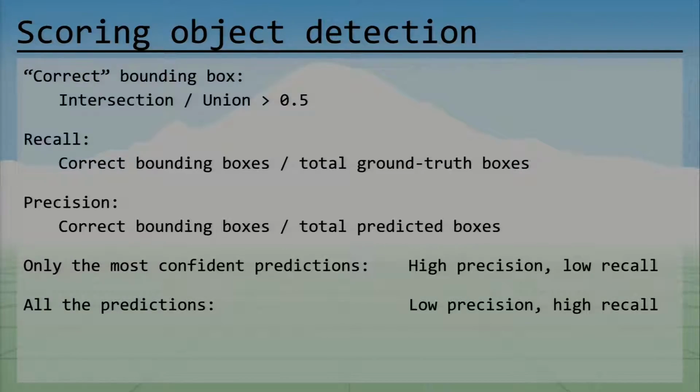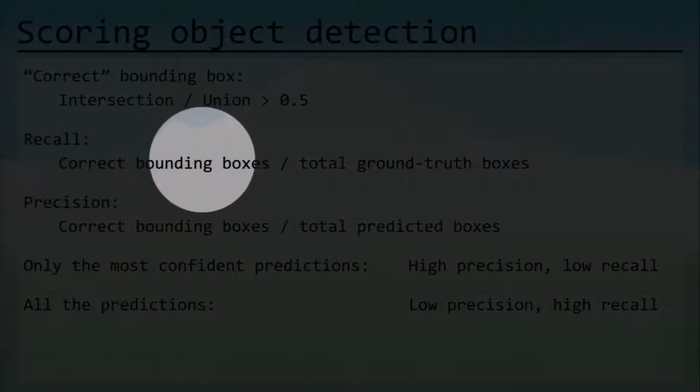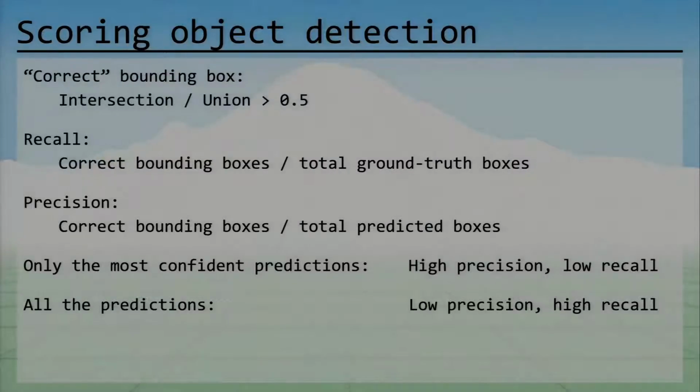It's how many bounding boxes did you classify correctly, based on how many total ground truth bounding boxes there are of that class. So say you correctly predicted 5 bounding boxes. So you predicted 5 bounding boxes that all had IOU of 0.5 or more with some ground truth bounding box, and they're all dogs.